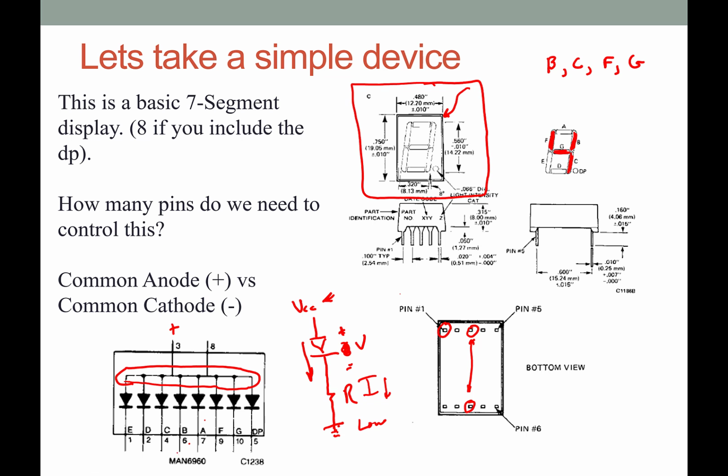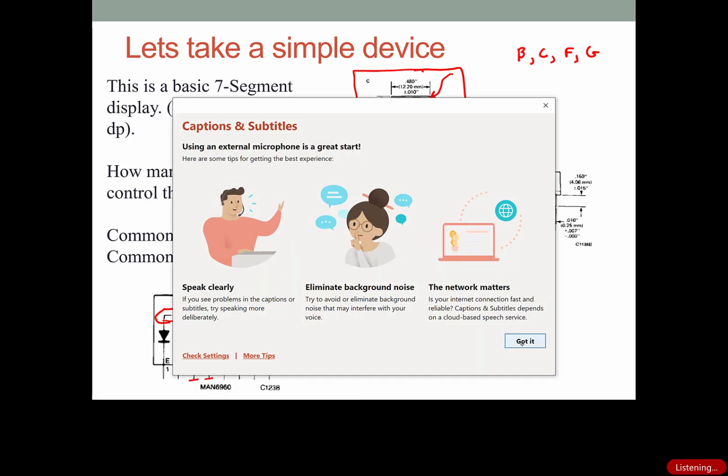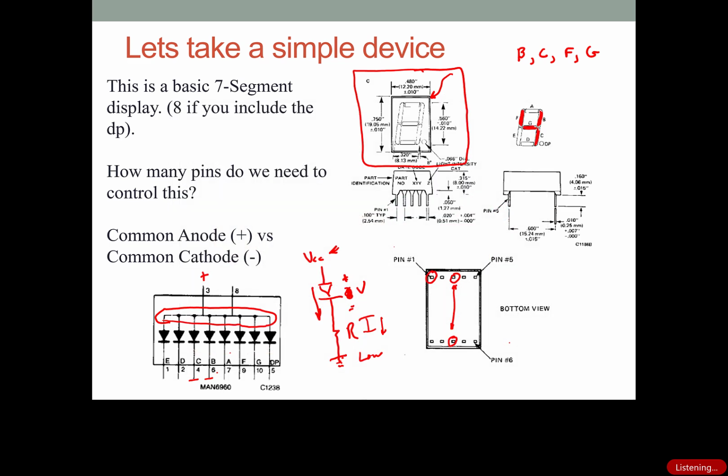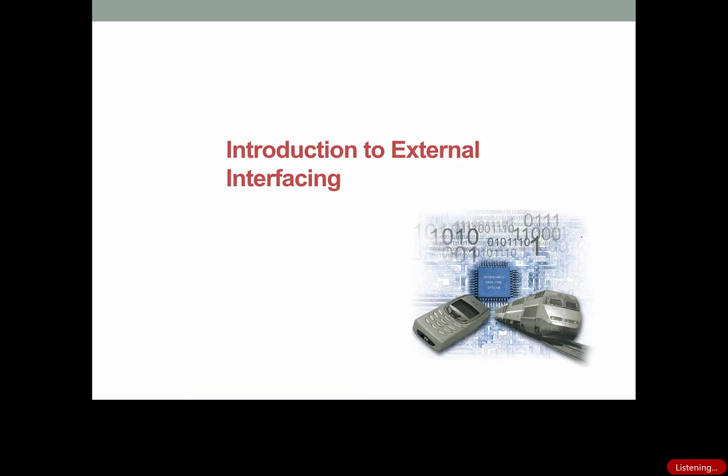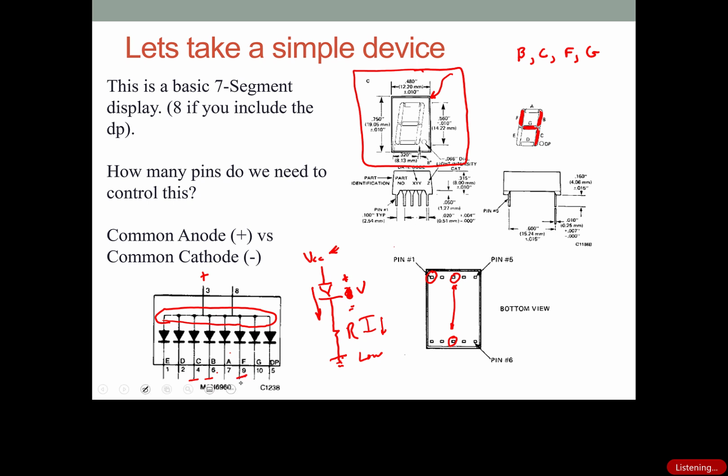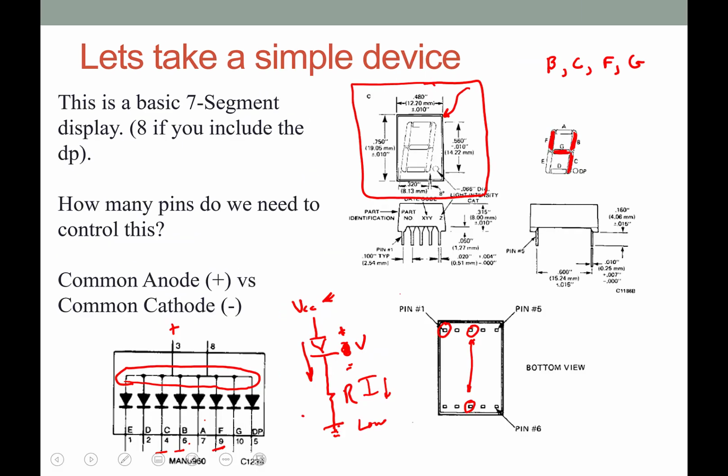what we could basically do is we could have B, C, F, and G at ground, and then we could tie E to VCC.